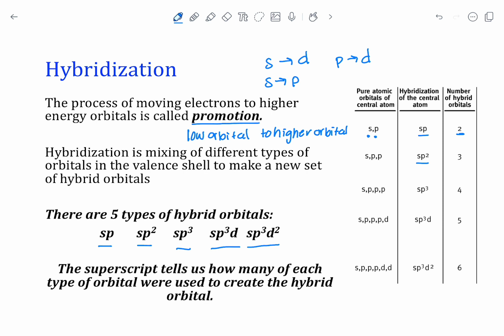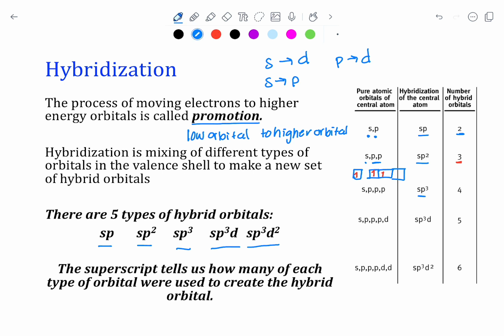For sp2, the electrons that are forming bonds are coming from one s orbital and two p orbitals. So what does that look like? Well, if I were to draw my boxes, I would have an unpaired electron in my s and two unpaired electrons in my p. And they come together to create an sp2, and they make three of those hybrid orbitals.